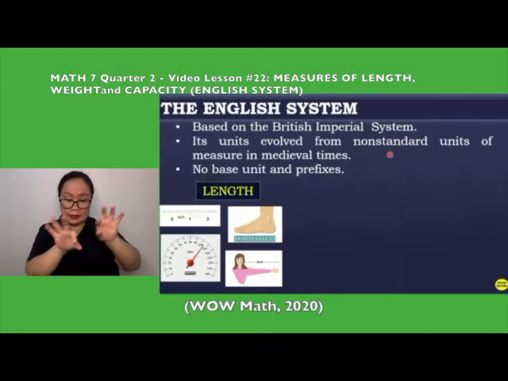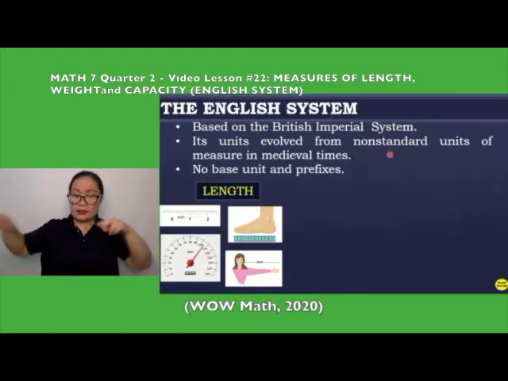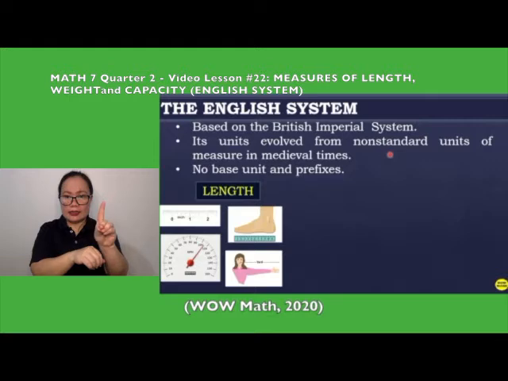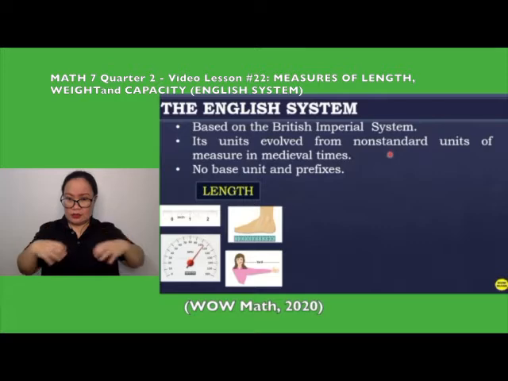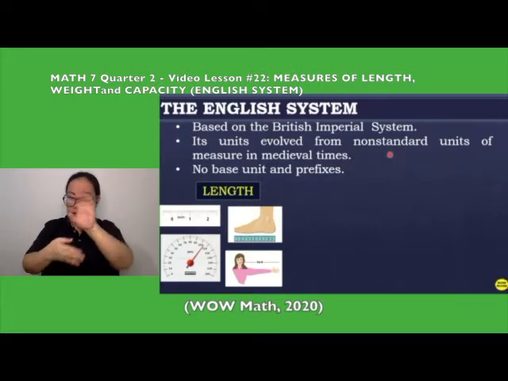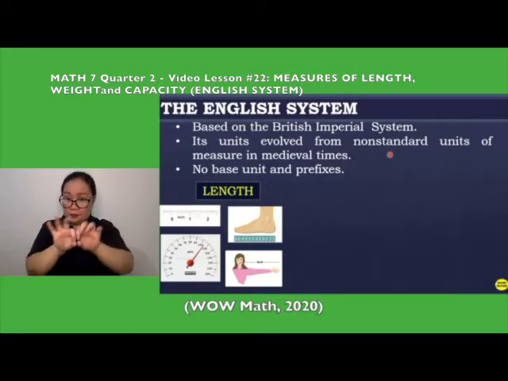Pero yung ginagamit nilang sukatan is yard. Kaya kung papansinin nyo yung mga nagtitinda, yung mga vendor, hindi nila sinasakto yung pagsukat ng tela dun sa pinakadulo ng meter stick. Hindi sagad dun sa pinakadulo.